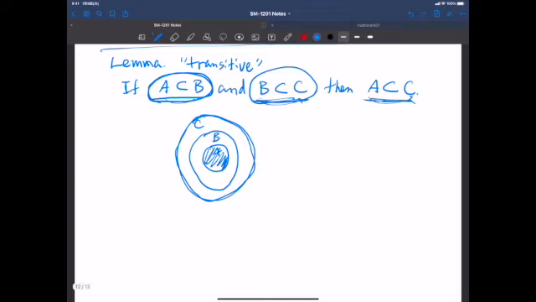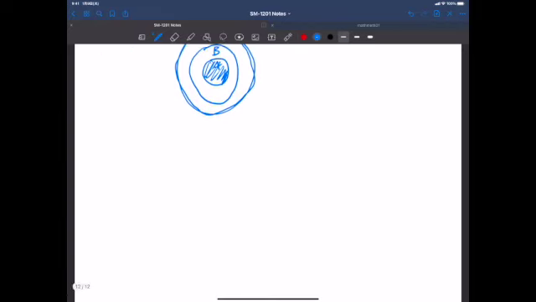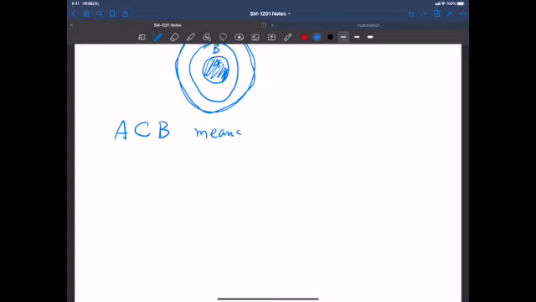So from these two conditions, we derive this result: A is a subset of C. So suppose A is a subset of B. This means if X is an element of A, then X is an element of B, right? This is the definition of subset.